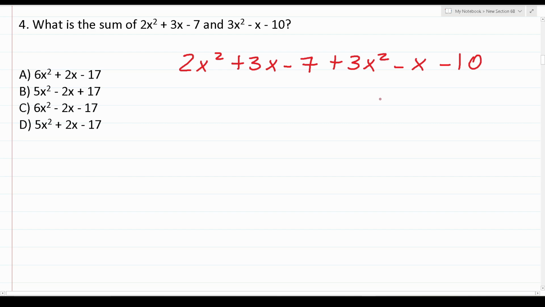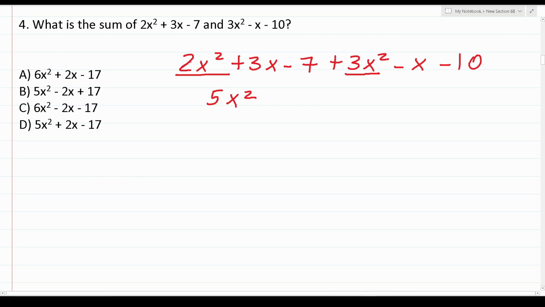Like terms have the same variable raised to the same power. Let's start with this 2x squared. We have the variable x raised to the second power. So if we look through the rest of this equation, we can see that there's an x raised to the second power right here. So this is 2x squared plus 3x squared, which becomes 5x squared.